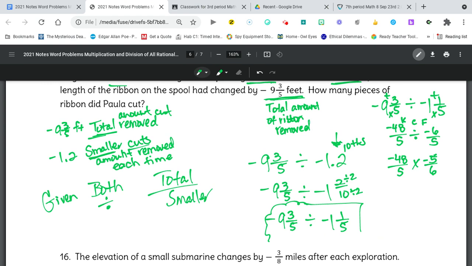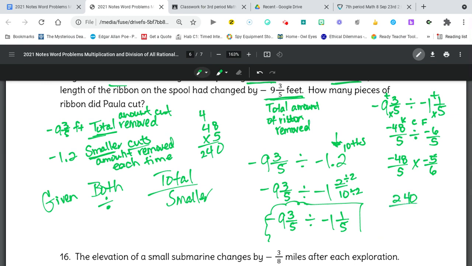Okay, so we're going to have 48 times 5. Okay, I'm doing this in my head. 240. Okay, I have brain freeze right now. 240.